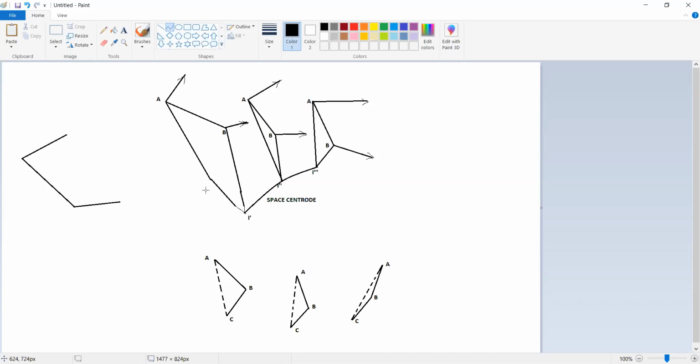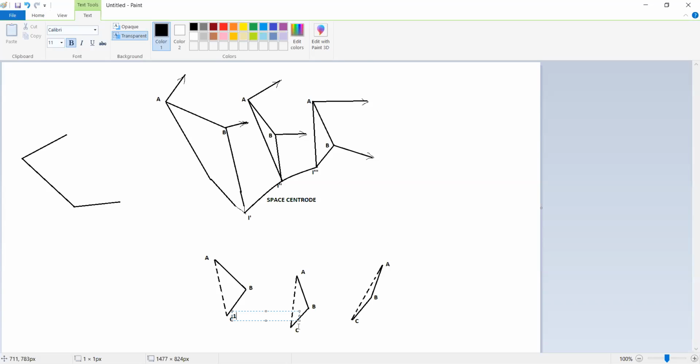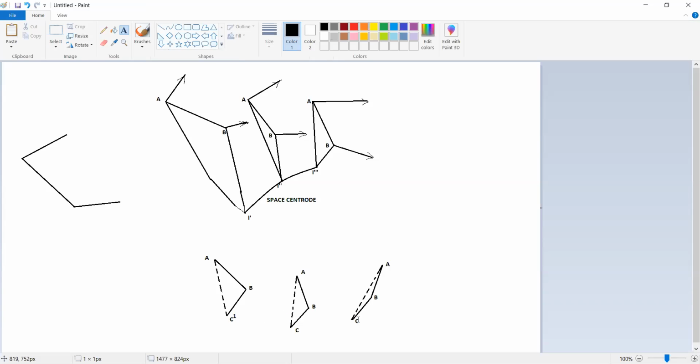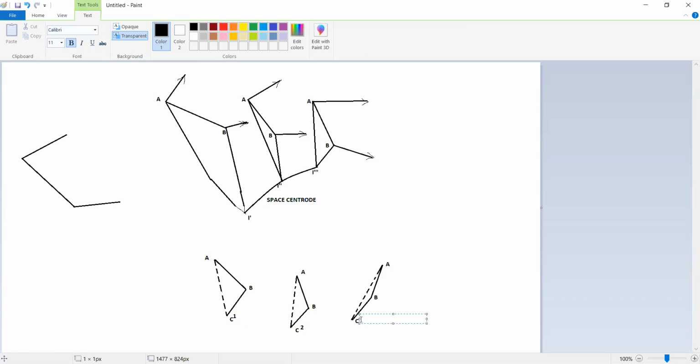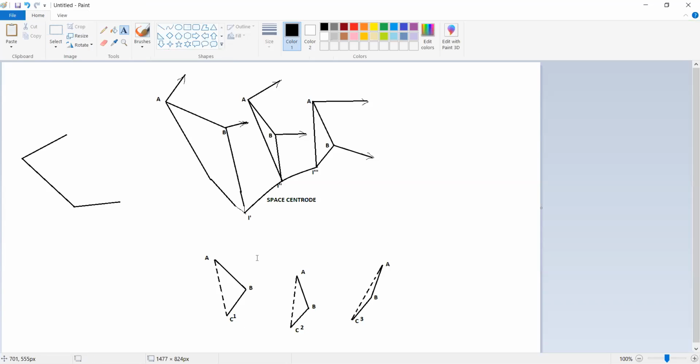I'll just mark this here C1, then here C2 and then C3. So likewise, if I go on doing, I will get a curve. When I join these points, I will get a shape like this, and it will follow a path like this.